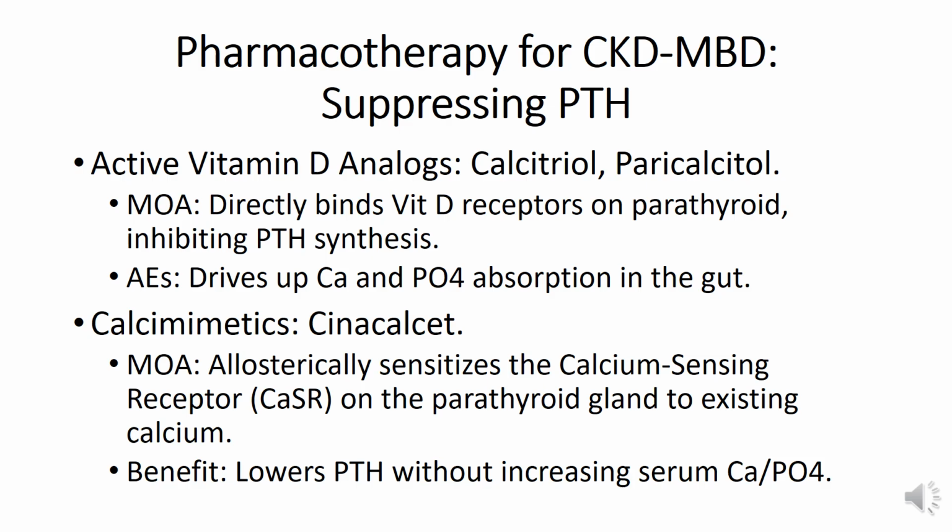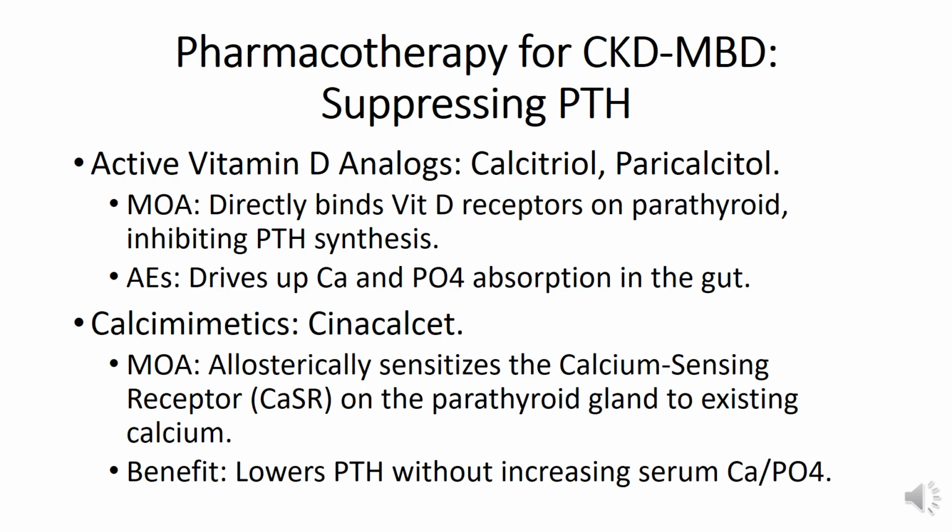This receptor is located on the parathyroid gland. It normally detects blood calcium levels. When calcium is low, it triggers parathyroid hormone release. Cinacalcet changes how this receptor behaves. It makes the receptor more sensitive to existing calcium. This is called allosteric sensitization.